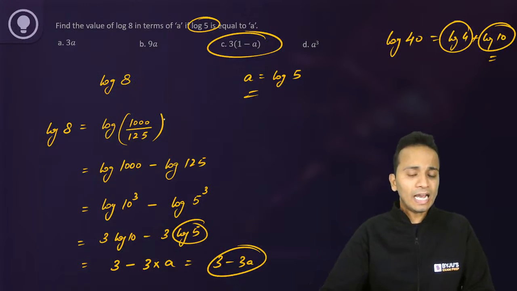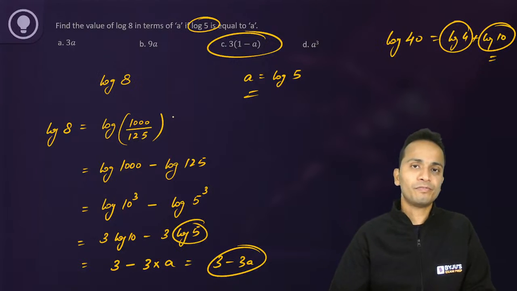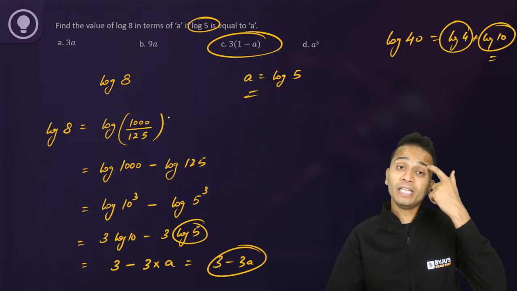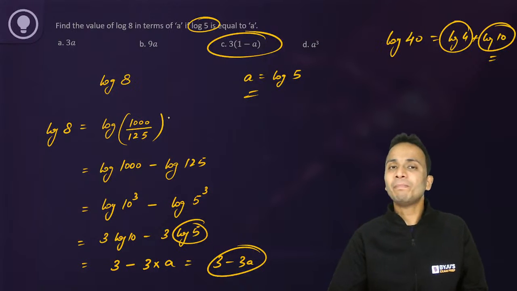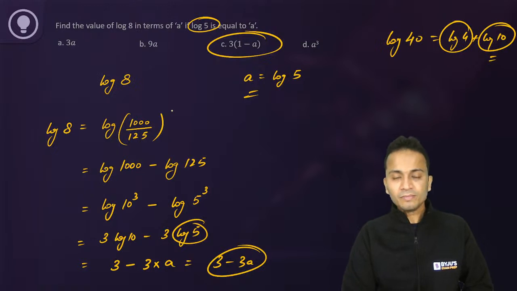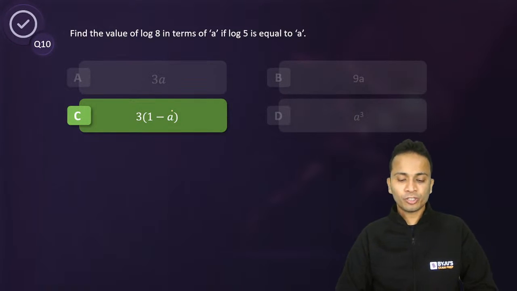So that is why I have converted it in the form of the power of 10 and the power of 5, because log 10 is equal to 1. So you will not have any problem if you have log 10 or any power of 10 in the expression. Okay, ठीक है? So that's it about question number 10, the last question for the day.